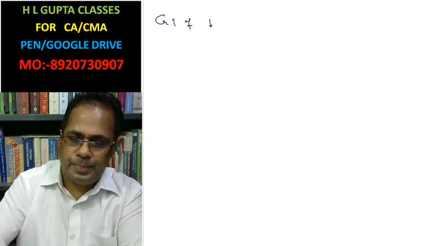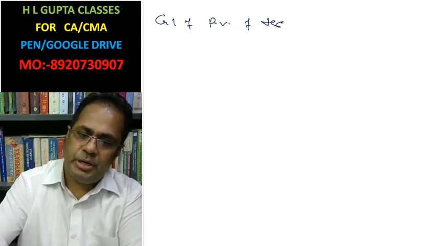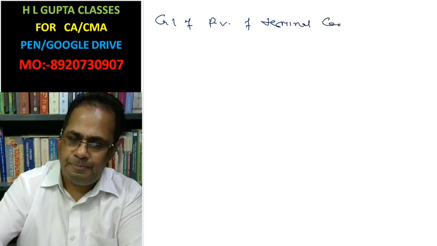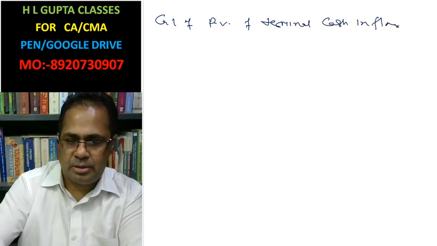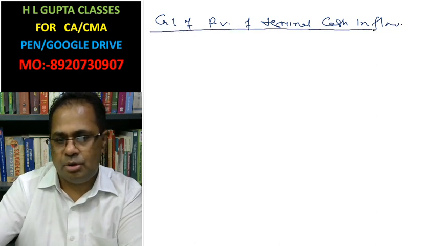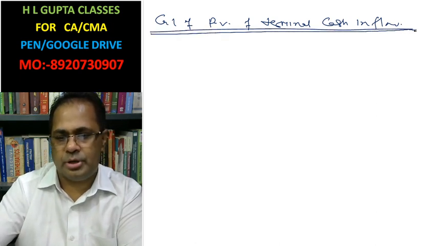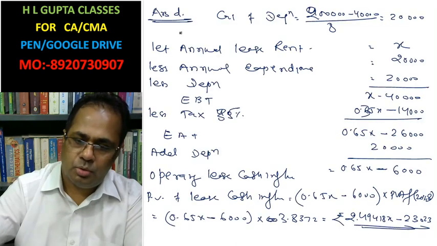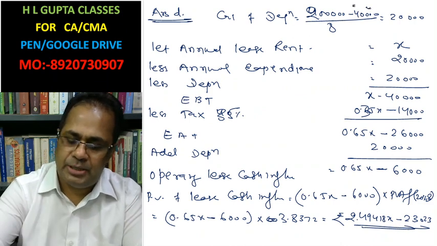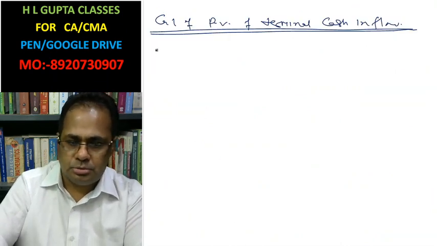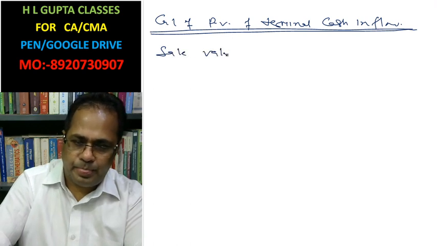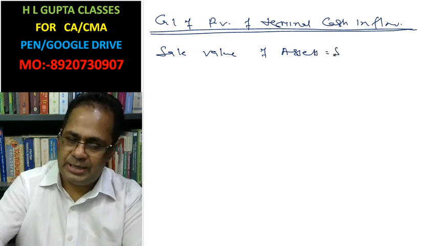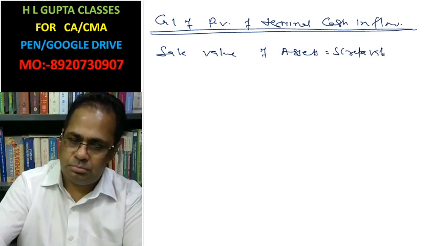Calculation of present value of terminal cash inflow. Look at it. In this case, your scrap value 40,000 is assumed to be the sale value. Sale value of assets equal to scrap value, that is 40,000.